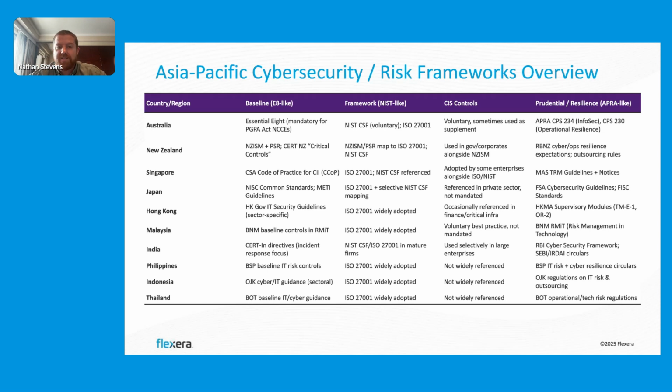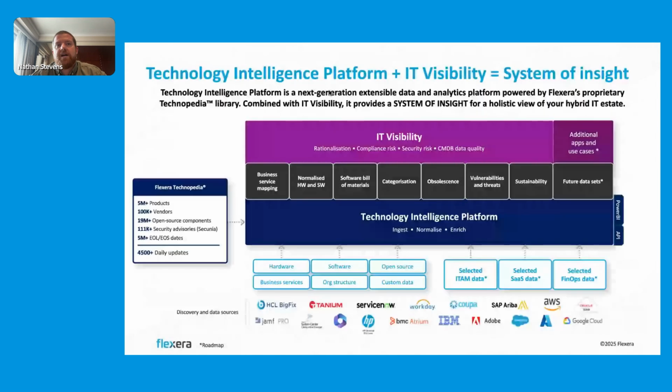So where Flexera can also help satisfy a number of those controls. The way that we do that is we look at IT visibility as the source for how we manage, maintain, and provide information back into those controls. The goal for us is to collect information from as many different data sources as possible, to plug all the blind spots within your organization and be the centralized place within the technology intelligence platform to help maintain a level of asset visibility.